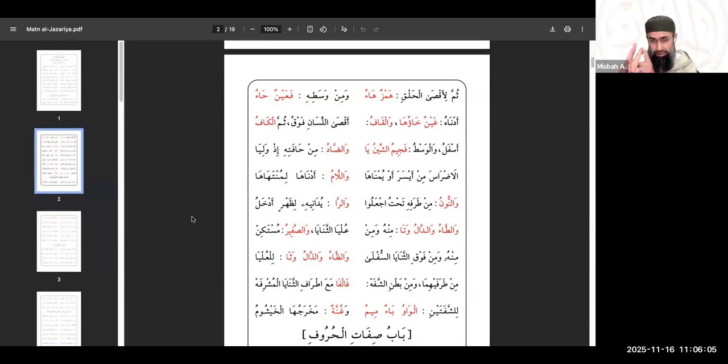And then you will have 10 areas in the tongue. You have aqsa, you have wasat, you have hafa, right? And then you have adna hafa, right, for lam. And then you have taraf, okay, for noon and ra. They're counted as separate makhraj, right?